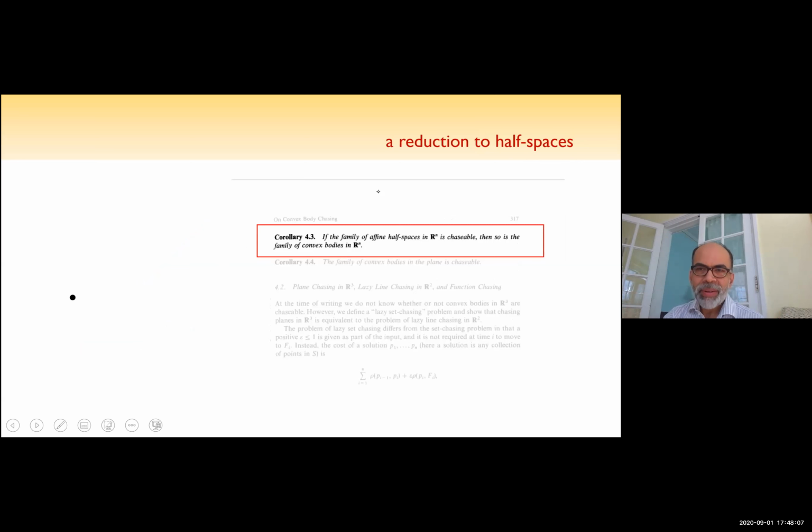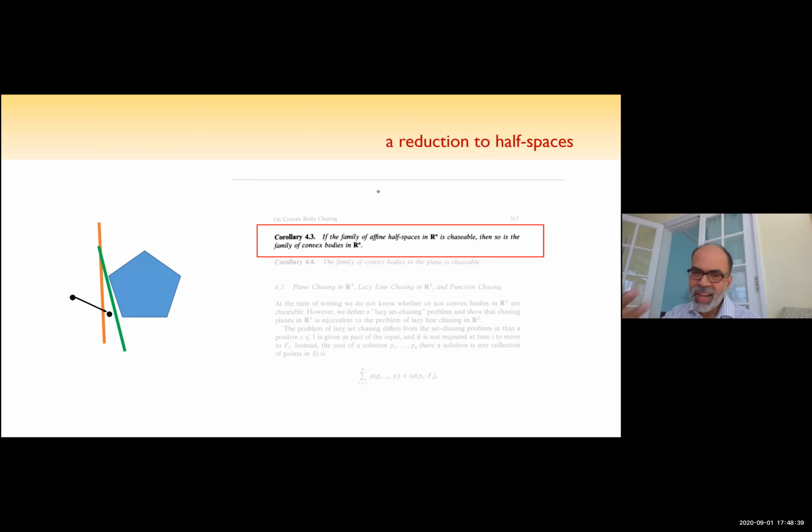They made a simple reduction, which is also useful to note. They say that, look, if you can chase half spaces, then you can chase any convex bodies. And those of us who have heard of or seen the ellipsoid algorithm, this is no surprise, right? If I want to chase this body, then I can first give you a separating hyperplane. You move. If you didn't get inside the body, I can give you another separating hyperplane. You move, and so on and so forth.